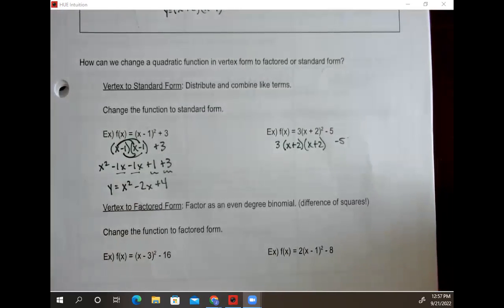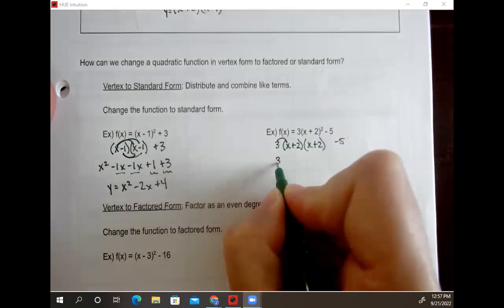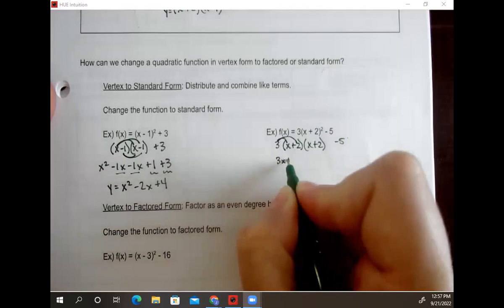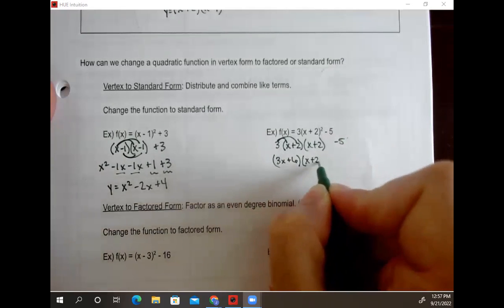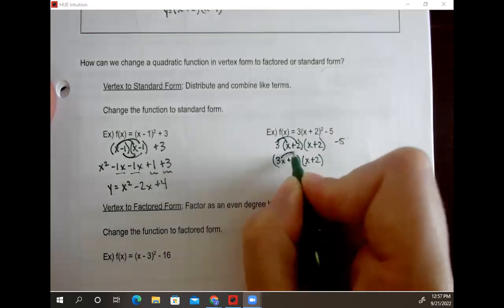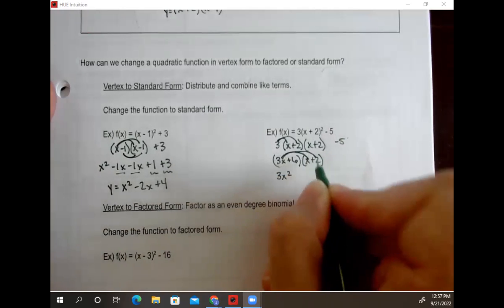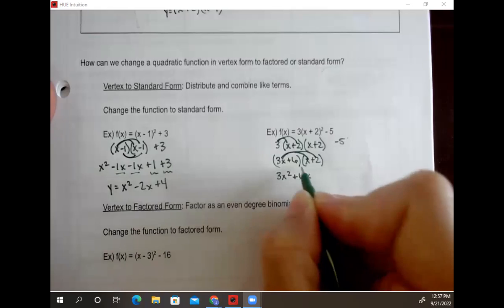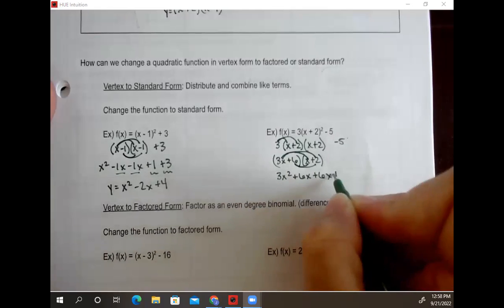I don't care which 2 things you start with, but only 2 at a time. Okay? So I'm going to start with the 3 and the x plus 2. So that would give me 3x plus 6, then multiply by x plus 2. So that would be 3x squared plus 6x plus 6x plus 12.